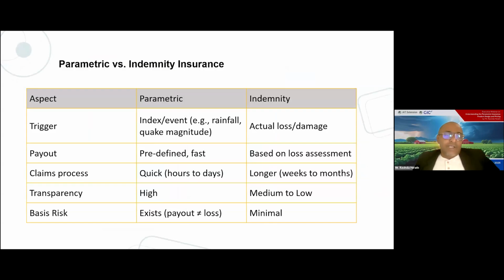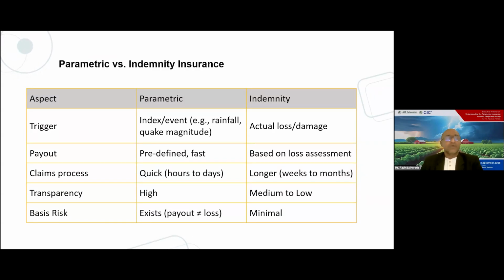Of course, we cannot skip this parametric versus indemnity comparison. Why is parametric more reliable or more popular among these climate risk insurances?